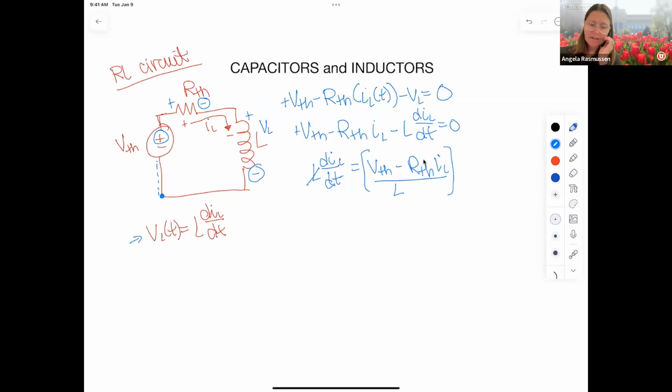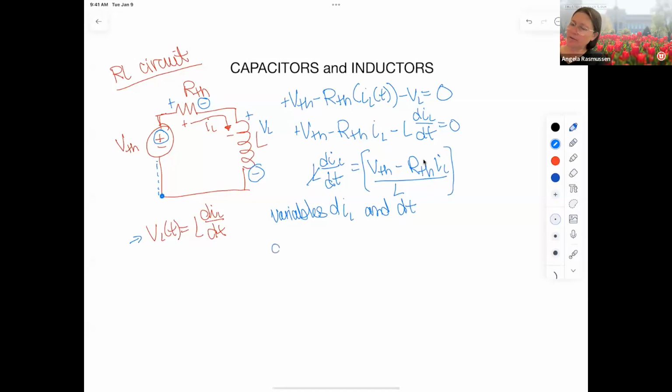So I need to combine on one side the variable. So here my variables are IL, or dIL, and then dt. So I combine the ILs on one side, and then I'm going to have dt on the other side.